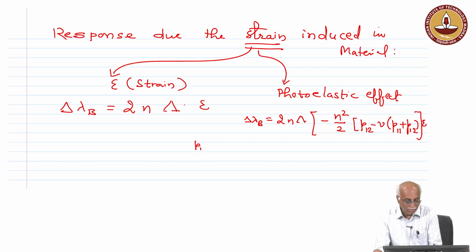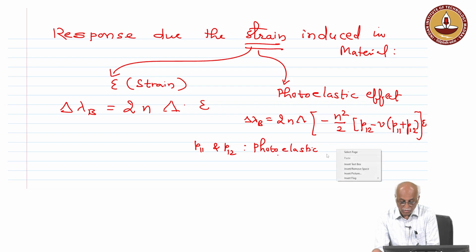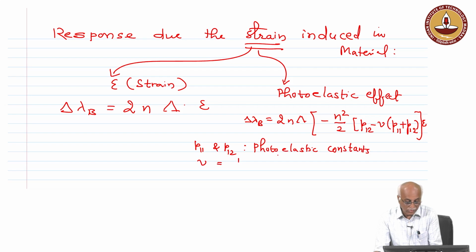The components P11 and P12 are photoelastic constants, depending upon the crystalline orientation, and nu is Poisson's ratio.